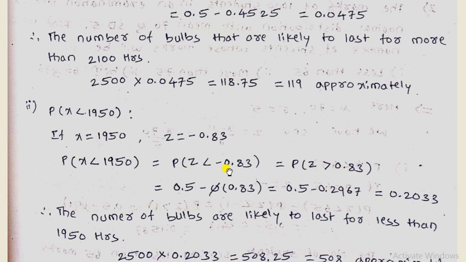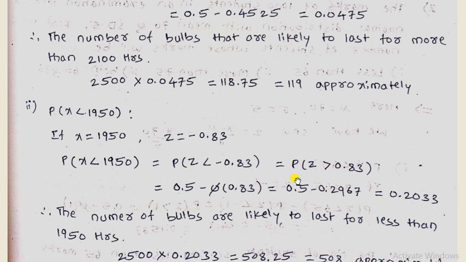In the normal distribution table it is not possible to check a negative value. Therefore we convert the negative value into positive, and the sign also changes, so less than is considered as greater than 0.83. So z is greater than z2.